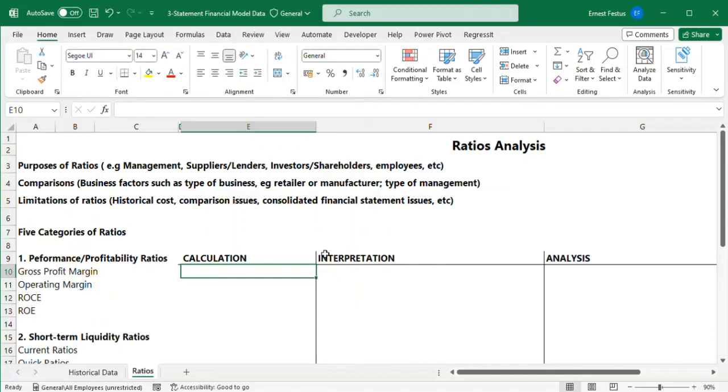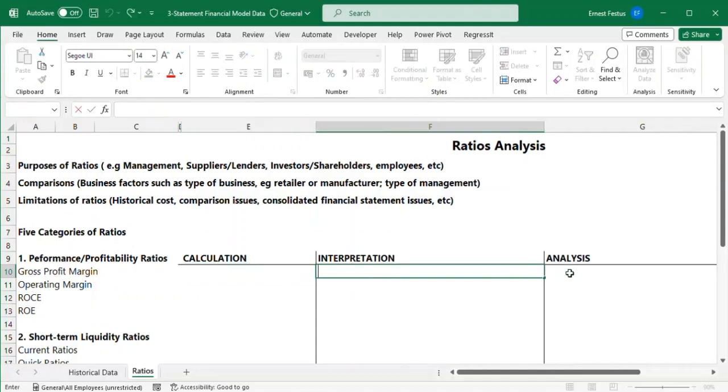Alright, so in this video, we are coming to learn the 5 main categories of ratios, how they are calculated, interpreted, and how they are analyzed. Now, I want to stress the fact that there is a difference between ratio interpretation and analysis. Interpretation, you are just talking about what the ratio is measuring.